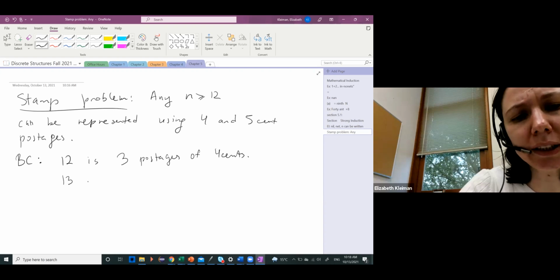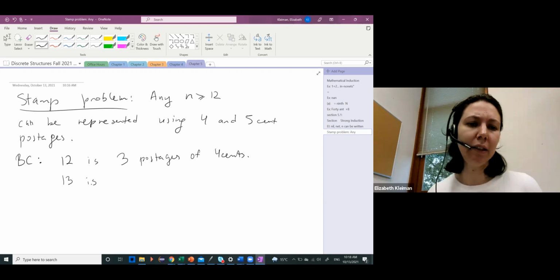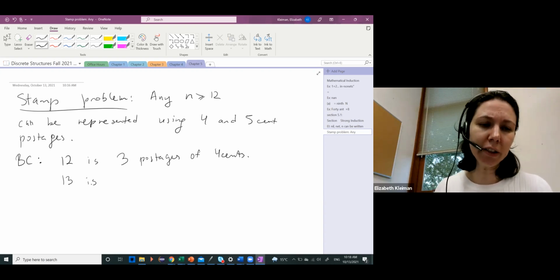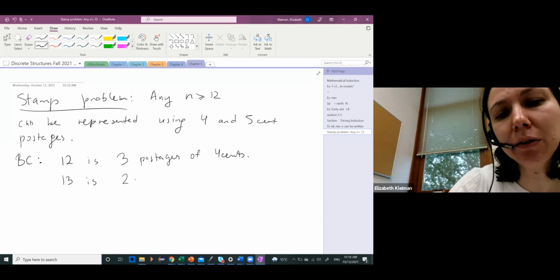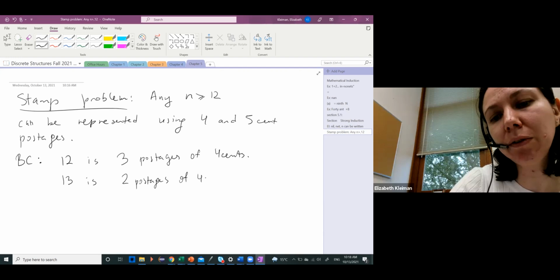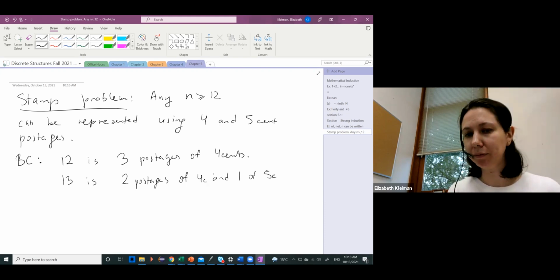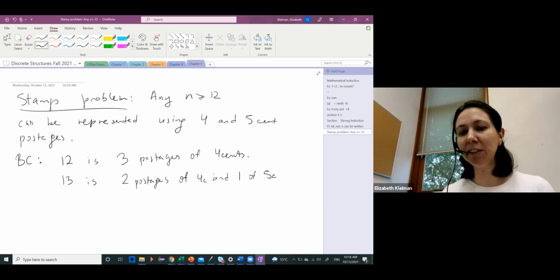So 13 is 4 and 4, 8, 8 and 5, 13, perfect. 2 postages of 4 and 1 of 5 cents, correct? Because 2 multiplied by 4 is 8, 8 plus 5 is 13.